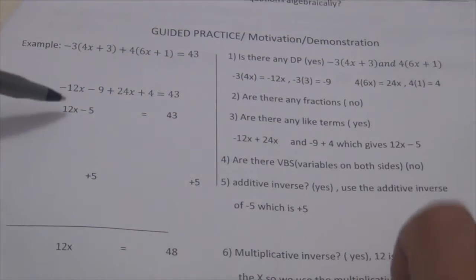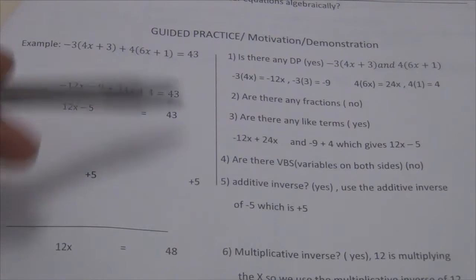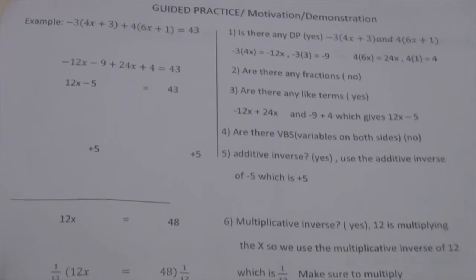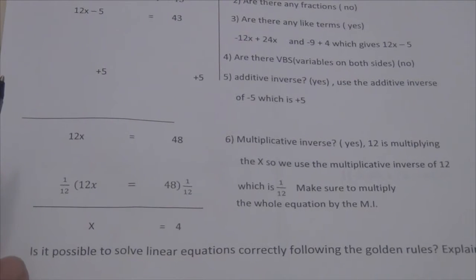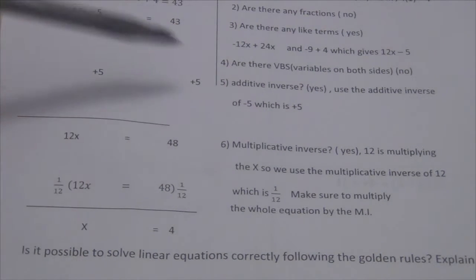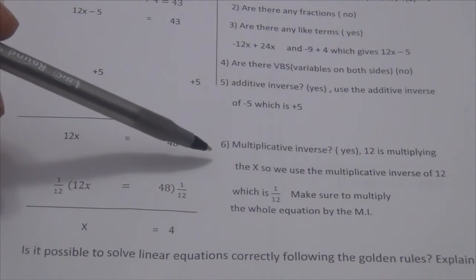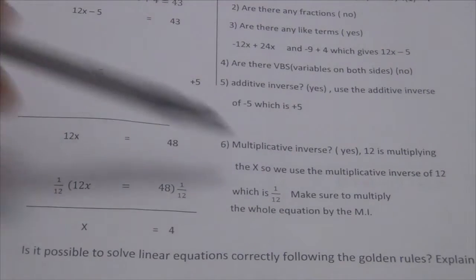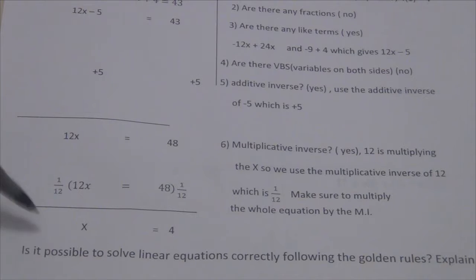Then I solve it. At this point, you already know what's going on. I'm just showing you the example. And you see when I use the multiplicative inverse of 12, which is basically 1/12, I multiply by 1/12, and I end up with my answer.